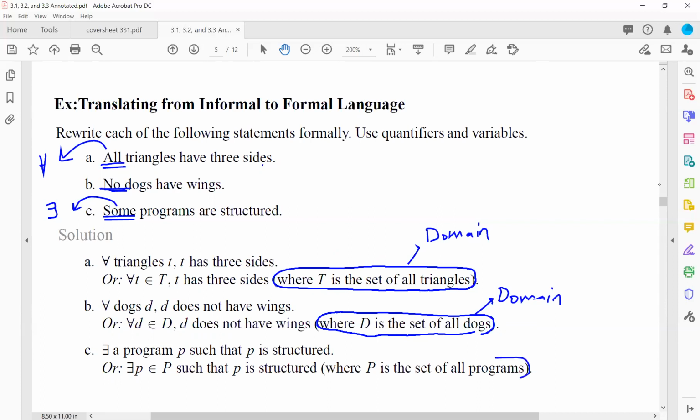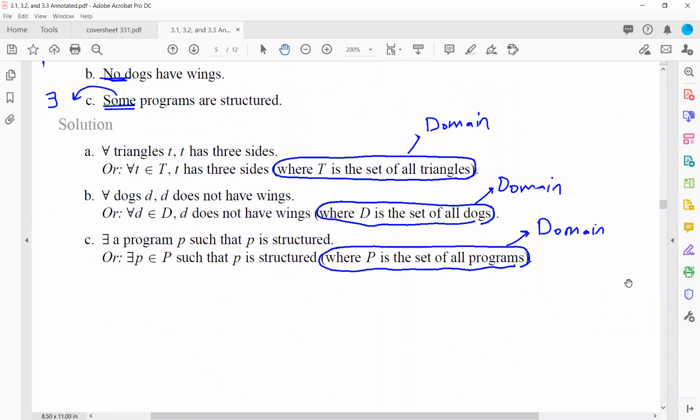Or again, you can define a domain and define a variable like P. There is a variable P in domain P such that P satisfies being structured. Very well.